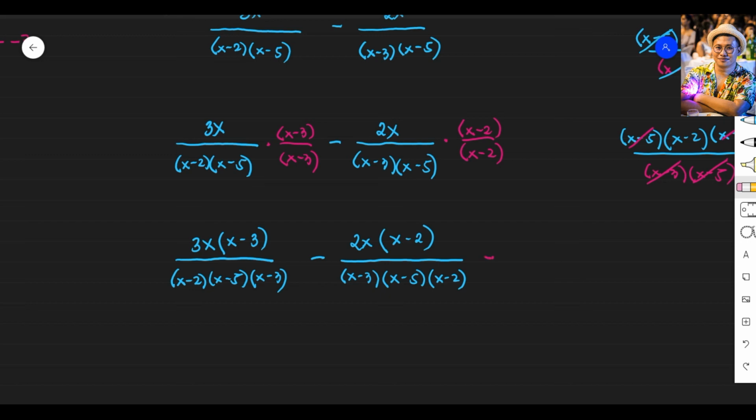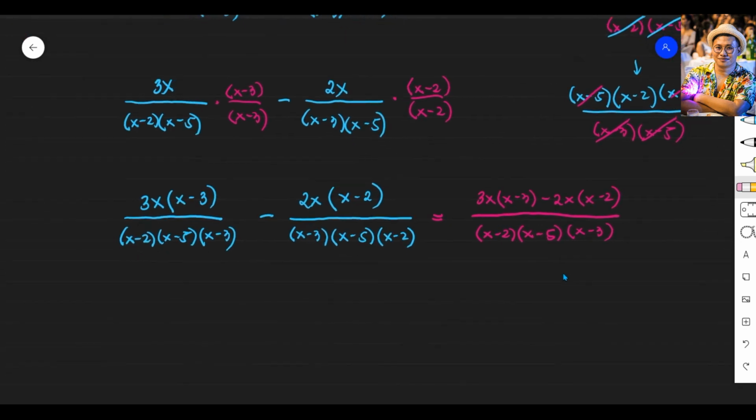So, the only thing that we're going to do here, guys, is copy the entire denominator, which is x minus 2. Kausahon na rin magsuwat, of course. X minus 5, x minus 3. And then, you do the numerator. 3x, x minus 3 minus 2x, x minus 2. And then, atong i-distribute ang numerator. Ang mga terms nga naa sa numerator. So, what is 3x times x?